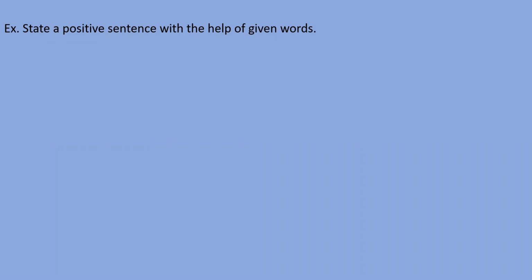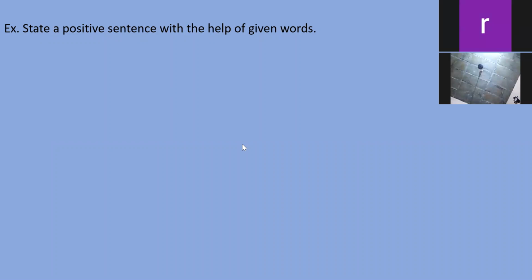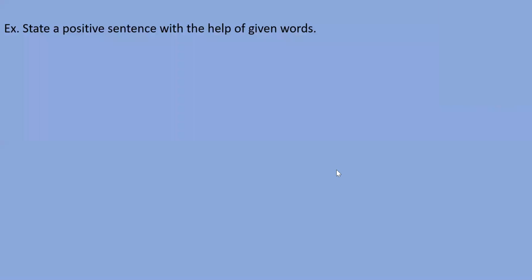If I say goes, that's also first form, right? Goes is used with the third person singular, and with the rest of the subjects we should use go. If we talk about a negative sentence, then first of all we have to use subject, then helping verb, then not, then main verb, then object.